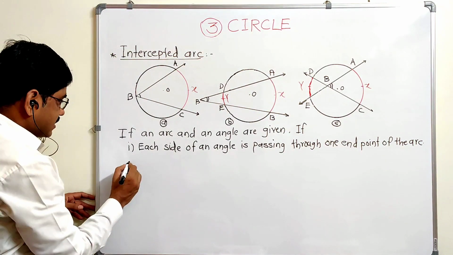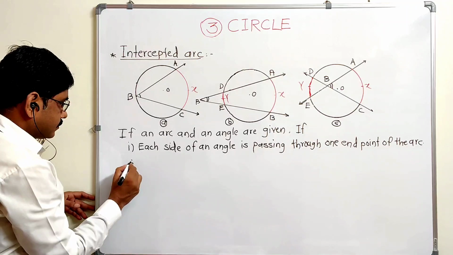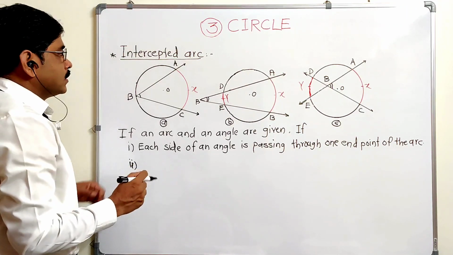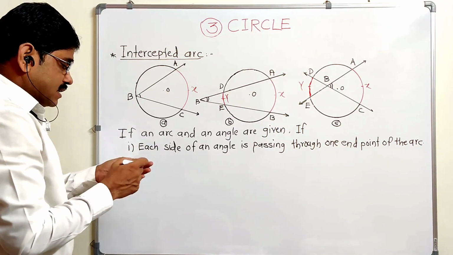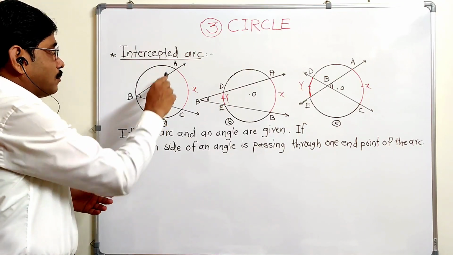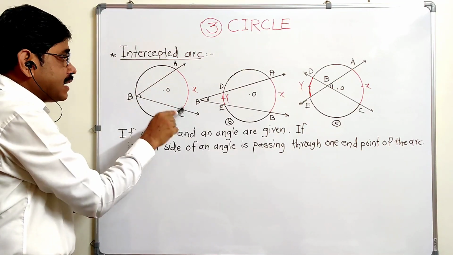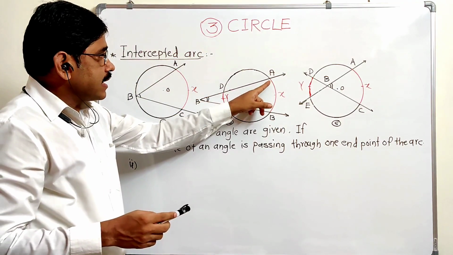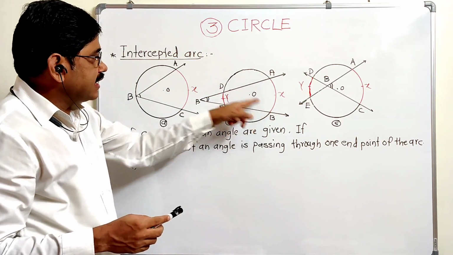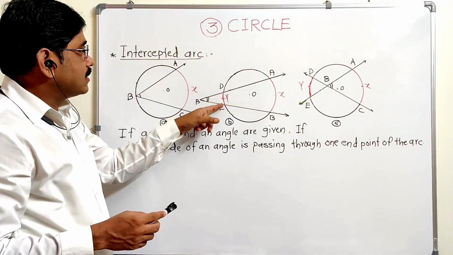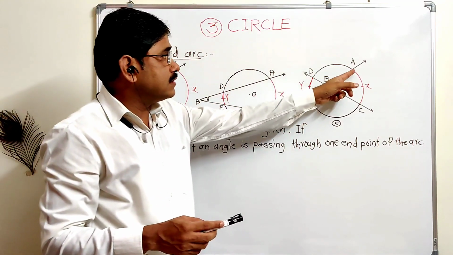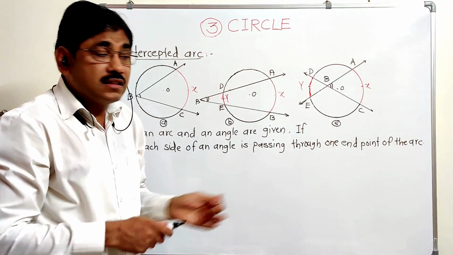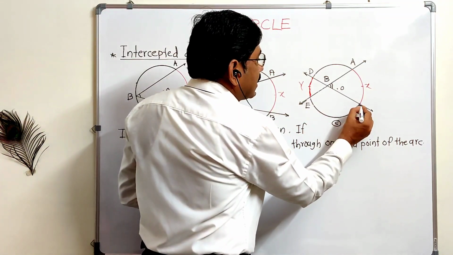And second condition: the points of the arc other than endpoints are in the interior of that angle. The points except these endpoints are in the interior.